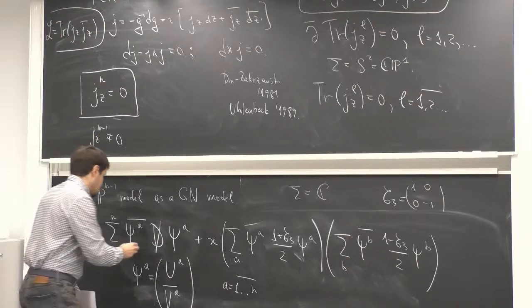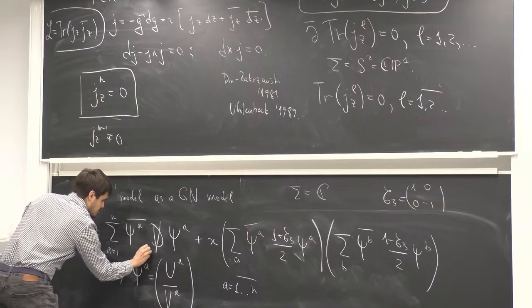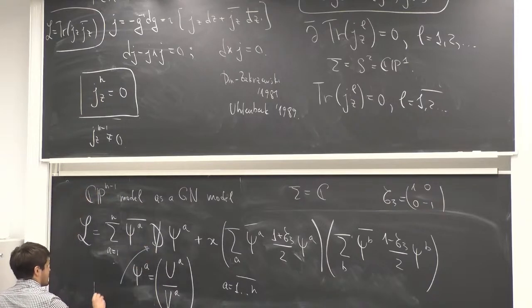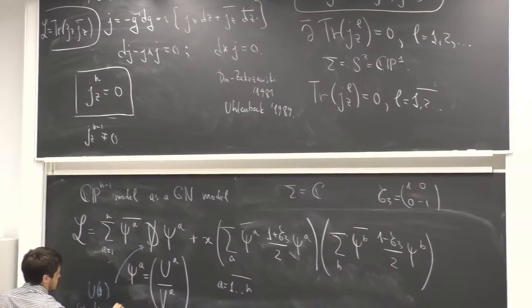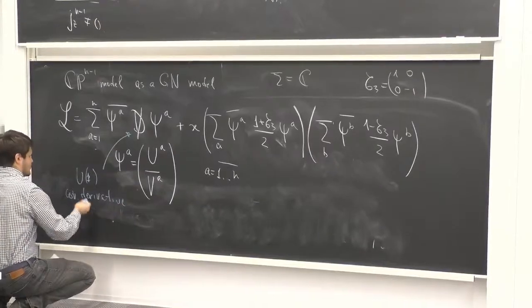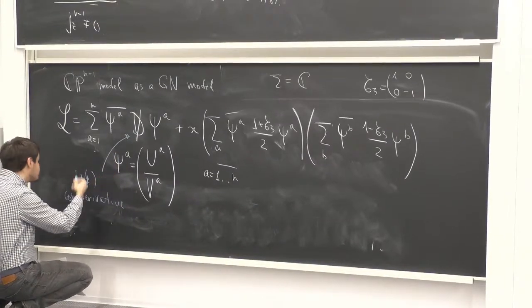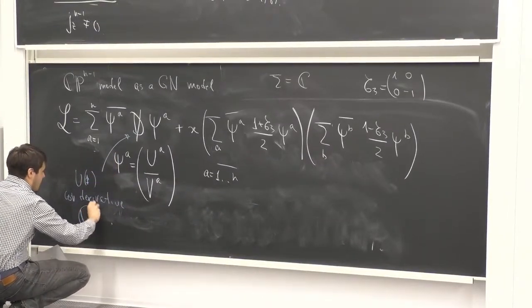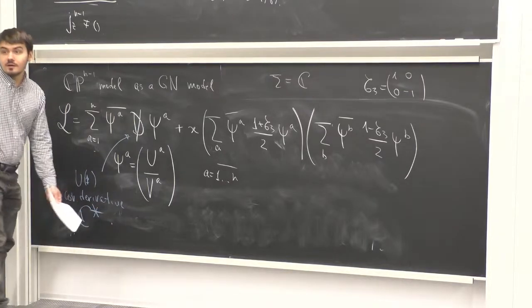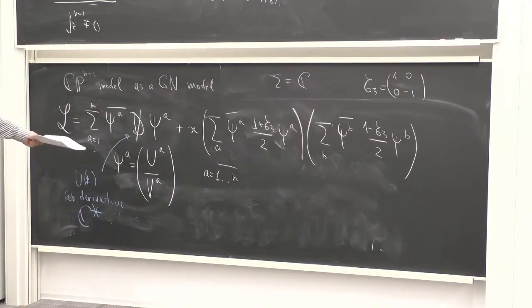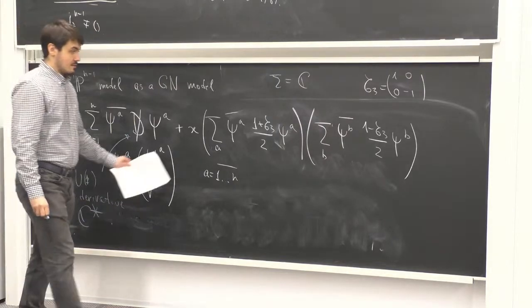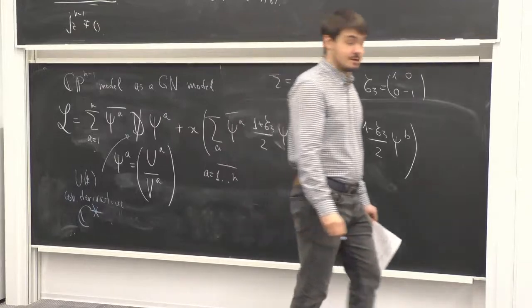There is a U1 covariant derivative here. But actually, as we will see, it can be thought of as a C star covariant derivative. So this theory has a C star gauge symmetry, despite appearances at first sight.